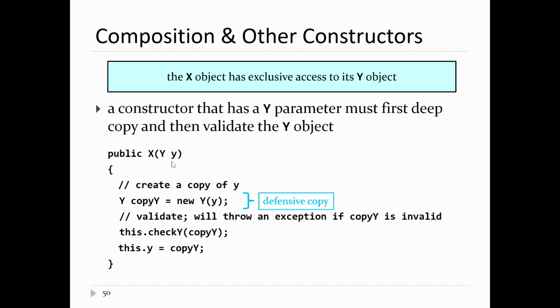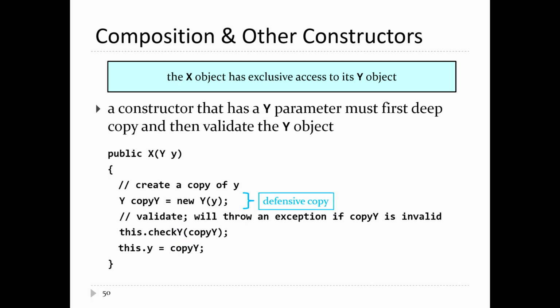Now, if there are some conditions on that Y object, if your class has some invariant that involves Y, you then have to check or validate whether or not the incoming Y satisfies those conditions. So you validate the copy. You don't validate the original Y. I've got some mythical method called check Y here that does the validation for you.